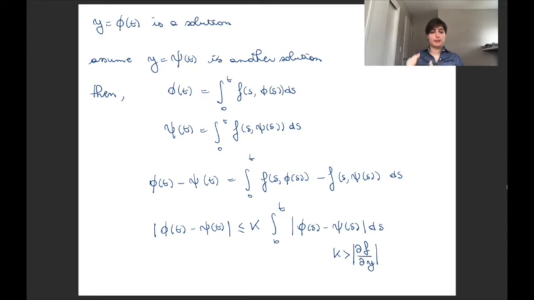K is a bound on the derivative of f with respect to the second variable. So it's how much f changes if you're changing the second variable.